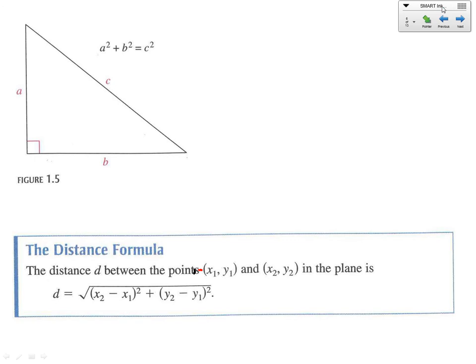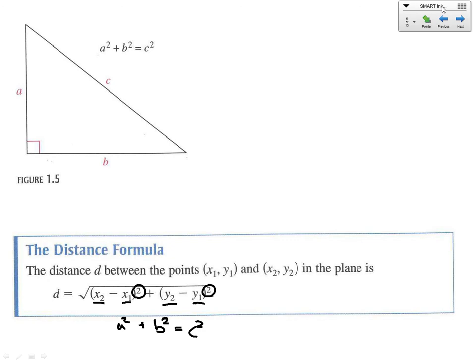What this is saying is the distance from the x value of one point to the x value of the other, and the distance from the y value of one to the y value of the other. Then we're plugging it into the Pythagorean theorem. This is the same as saying a squared, here's your squared, plus b squared, here's your squared, equals c squared.